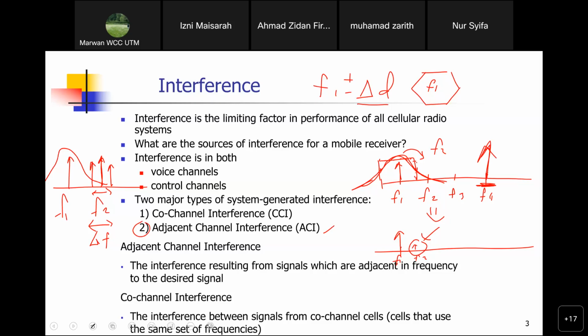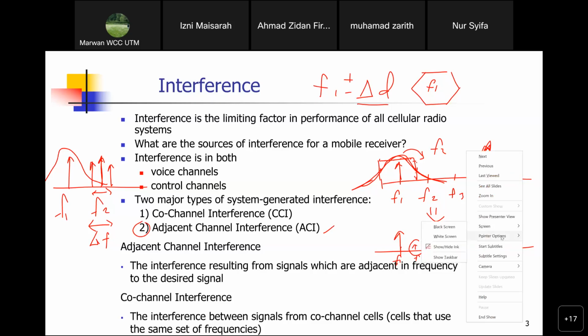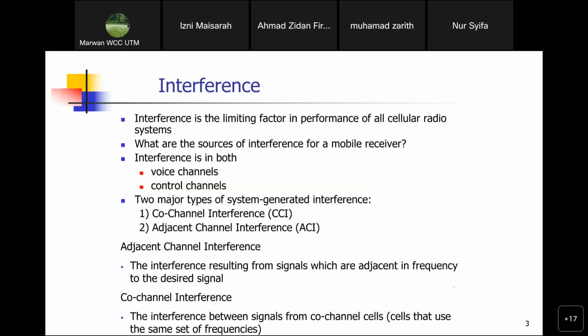Okay, the movement of the frequency, plus the imperfect filtering, will cause the adjacent channel interference. So there are two interferences in our network. One, because you are sharing the same frequency with another co-channel.